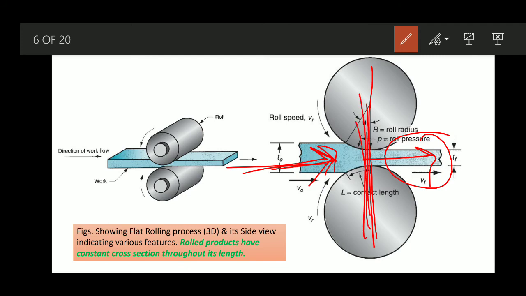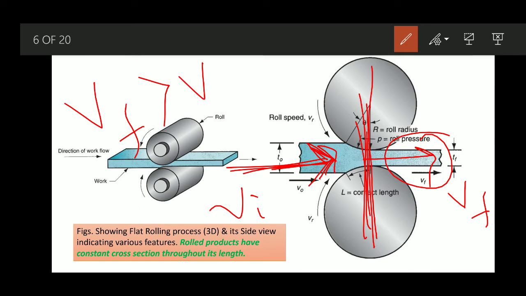As this reduction process happens, the metal leaving the rolls will be at a higher velocity than the metal which is entering here. That means if this is the initial velocity of entry and this is the final velocity, then the final velocity is greater than the initial velocity.